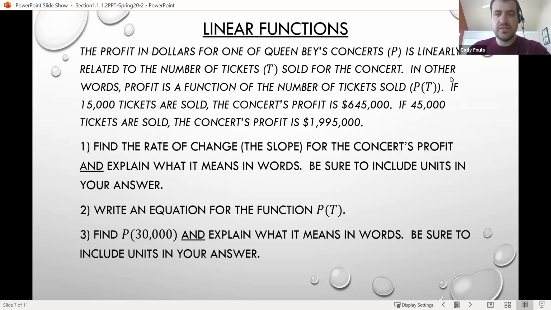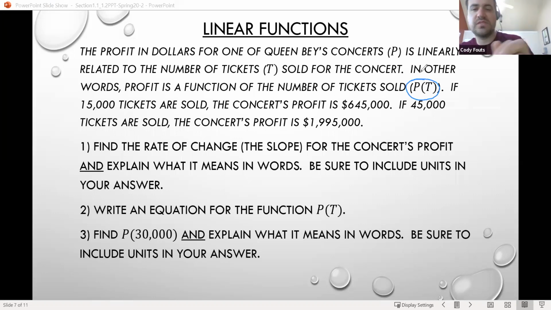Okay, a few things I want to point out on this slide. First of all, they have told us that our function is P of T. And remember from what we talked about in the last video that T, because it's on the inside, is going to be our input.